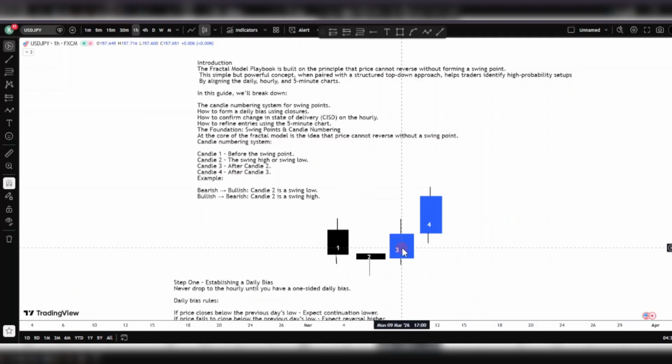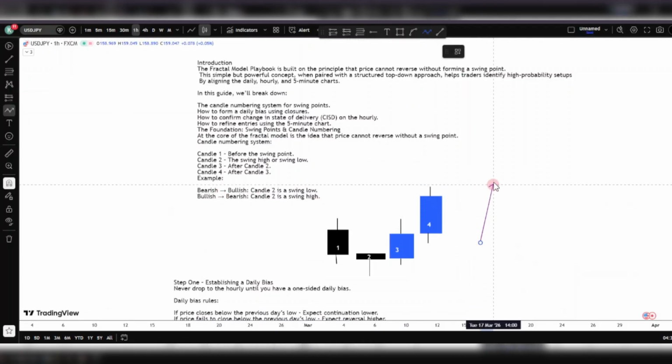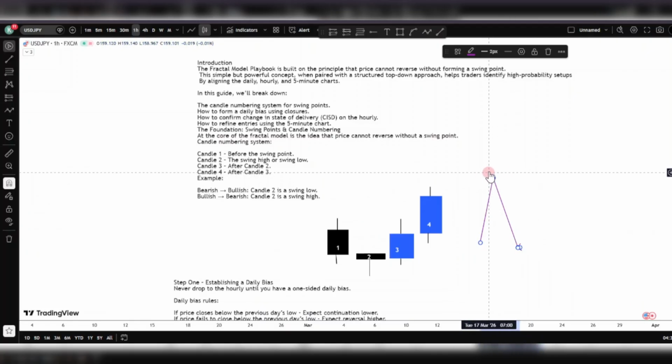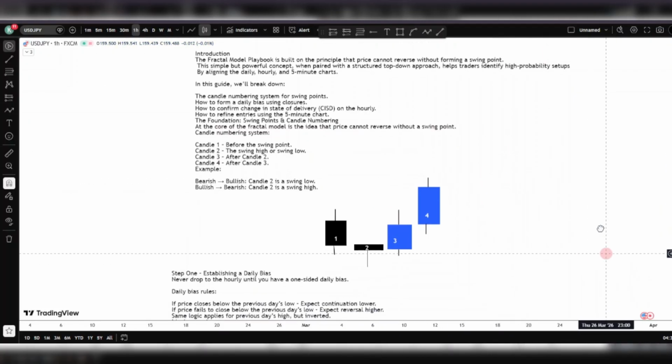Now we have our bullish candle 3 and 4, and the opposite is true. If we reverse this, candle 2 would be our swing high if you are moving from bullish to bearish. Candle 2 here, which forms our swing high, will be our swing point. I hope you have understood that.